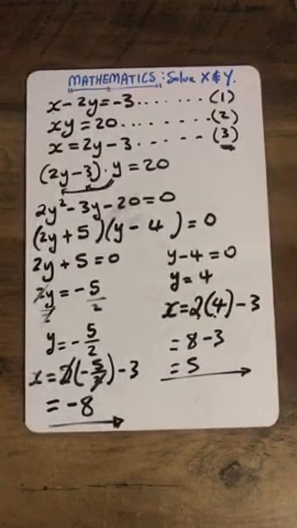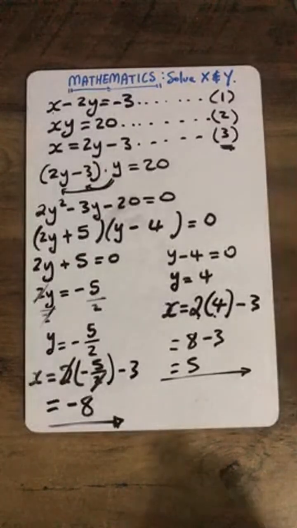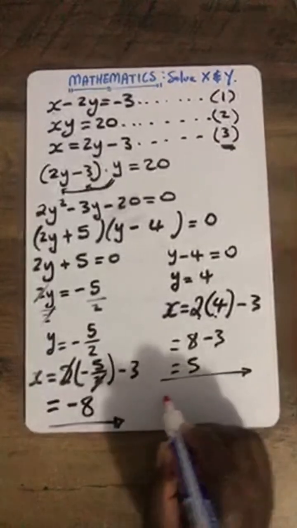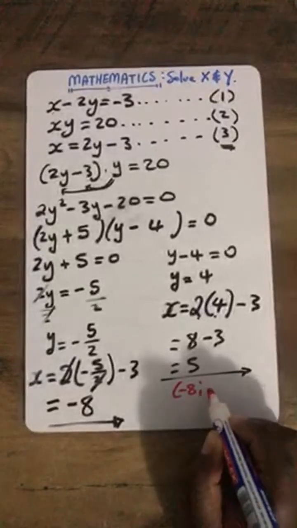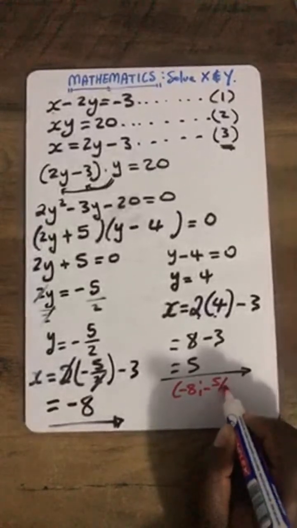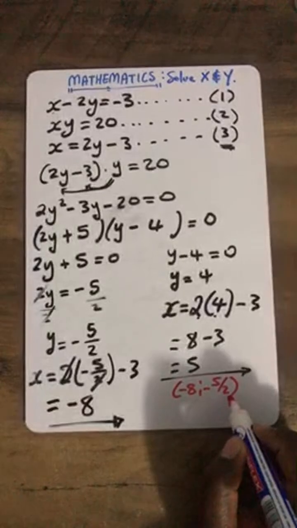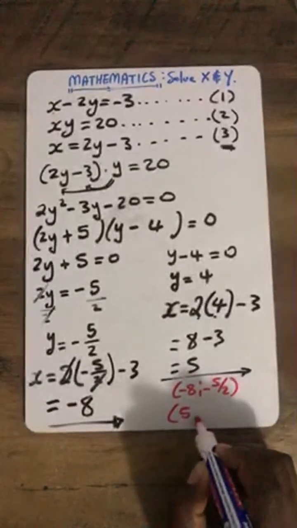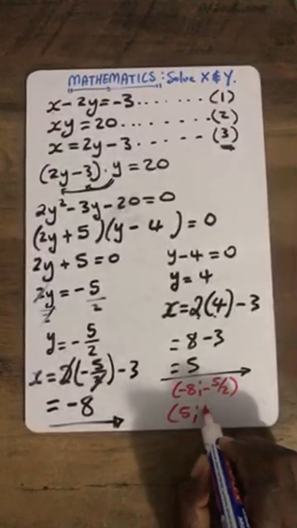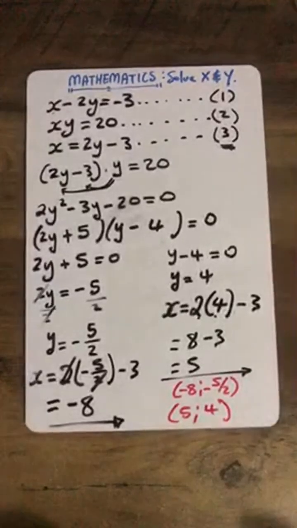Can you also take a screenshot of that one and let me know if you are getting the same answers? So I'm getting the x value being negative 8 with its corresponding y value of that. And then for the second values, I'm getting x equal to 5 and the y value, I'm getting 4.